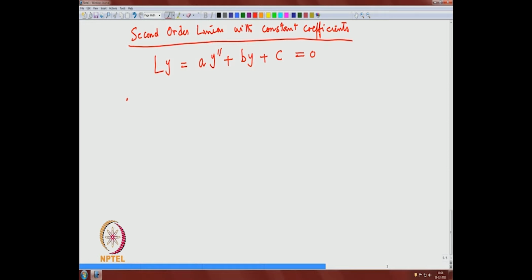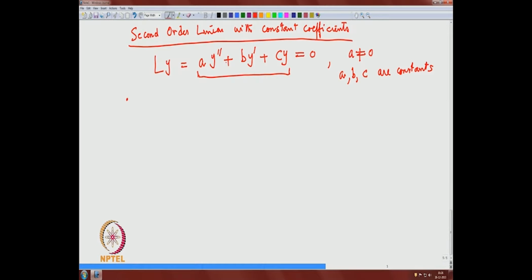Again observe the equation. A, B, C are constants now. Since A is not equal to 0, one can divide by A and write it in the PQ form itself.